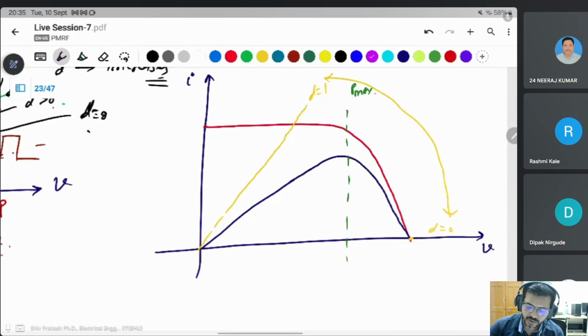It's the same thing, 0 to 1, it looks like that. If you are here, somewhere at 1, that means this is the load line, looks like that. But you want to go here, so you want to shift the duty cycle. It means you have to decrease the duty cycle here.